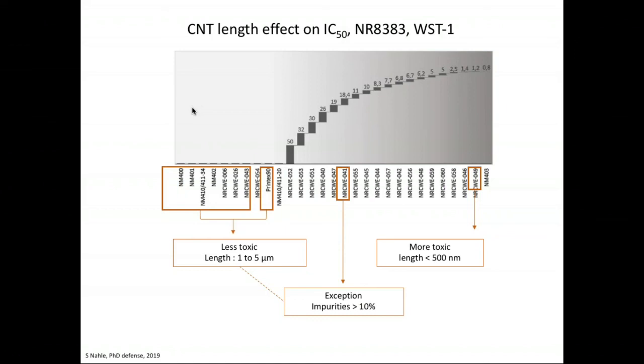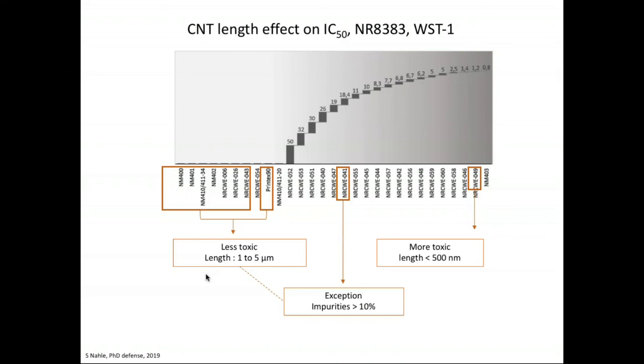Here we have the effect of length on IC50, and cytotoxicity is higher when the length is under 500 nanometers, and the toxicity is less when we have a length from 1 to 5 micrometers.